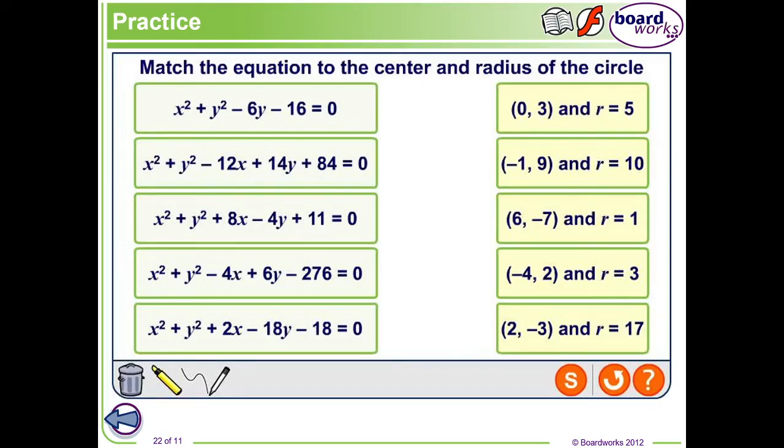So meaning, x is 0, meaning h is 0. Now, look at the value of y. 6. What is the opposite of 6? Positive 6. Divided by 2, how much is positive 6? 3. So we know the center is 0, 3. That's our answer.